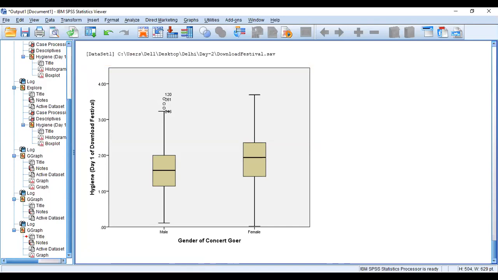Now I will create the third graph, that is the error bar chart. Through this graph, I can create the error bar chart also, with the same data. I am sharing my slide, the same file I am using to create the error bar chart.